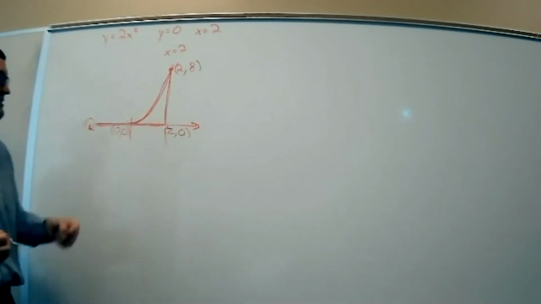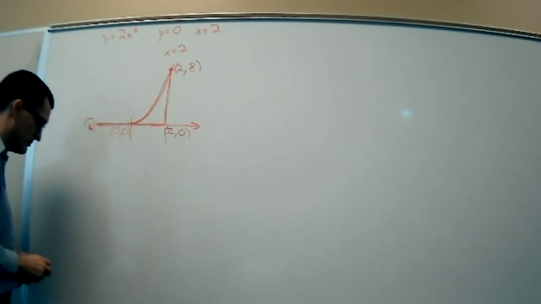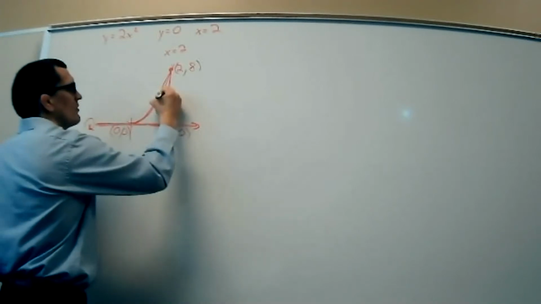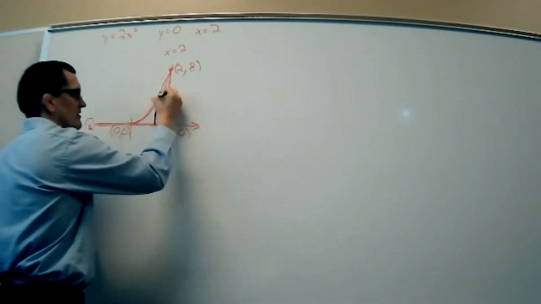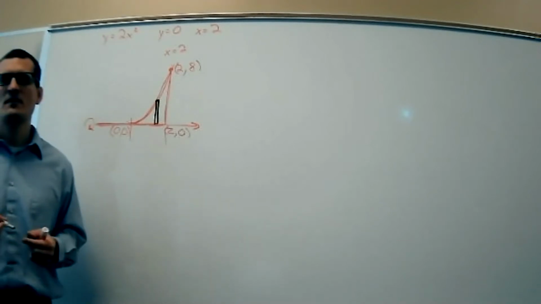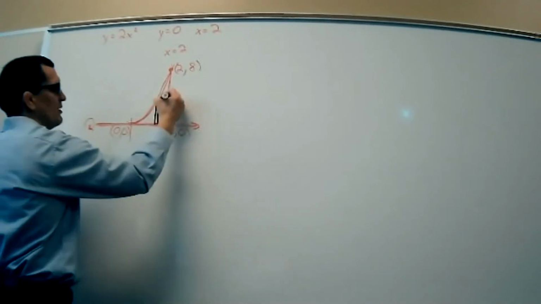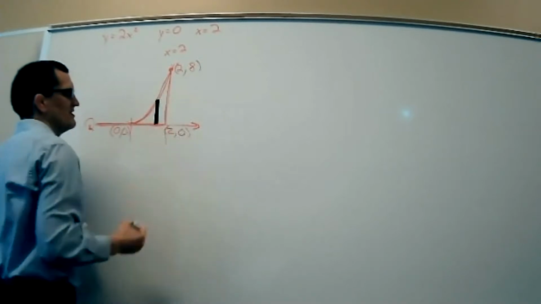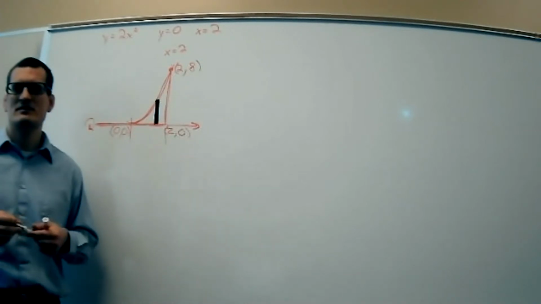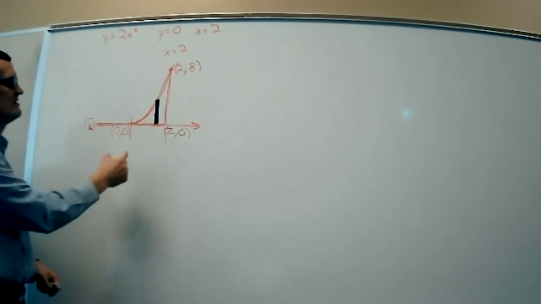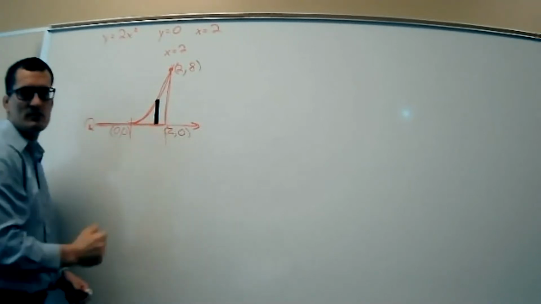Rotate that around this axis. Well, this is nice. This is a really nice one because when you rotate around the x-axis, we have a solid rectangle. That's the first time in a while we've had a solid rectangle. Okay? Some people will actually even fill in the rectangle to signify that it's the whole thing. Notice that rectangle is done with respect to x.